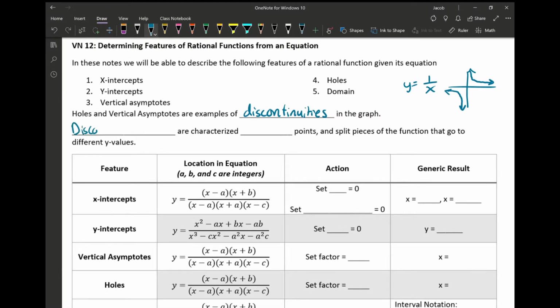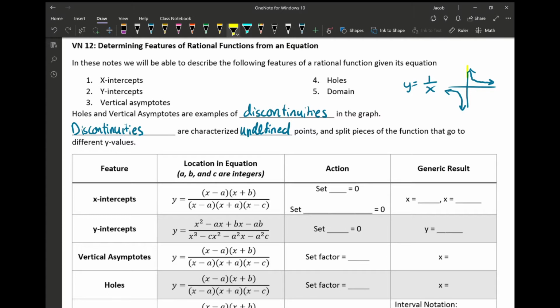Discontinuities are characterized by undefined points. So we have a double whammy with the vertical asymptote there on y equals 1 over x, which is the parent function for rational functions. There is a missing y value at x equals 0.